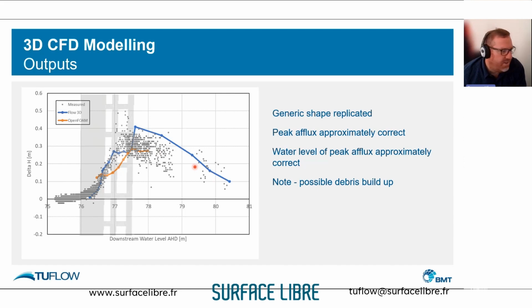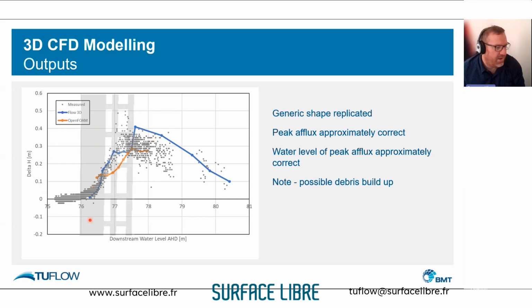But again, we showed that the afflux as a result of the bridge was a function of the tailwater elevation. What we've done here is we've got downstream water level here. We've flipped the image of the bridge again, but we've got that same general curve going on, and that was replicated with the CFD models as well.